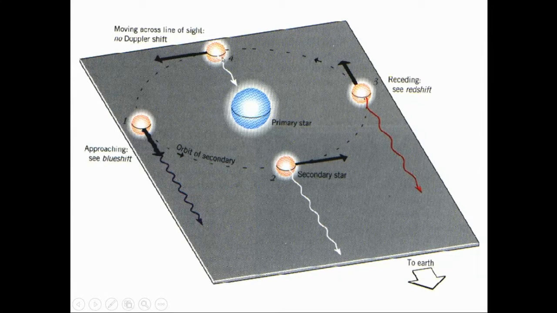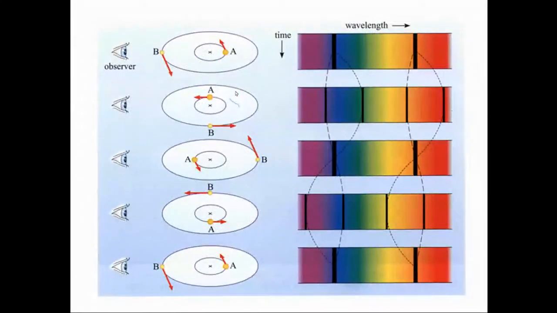Okay, and of course, when they combine with each other, the colors will combine. It should be white here, but this is what we look at. So if we see this separation in the spectrum moving that way, then we can decide that what we have is a binary system.